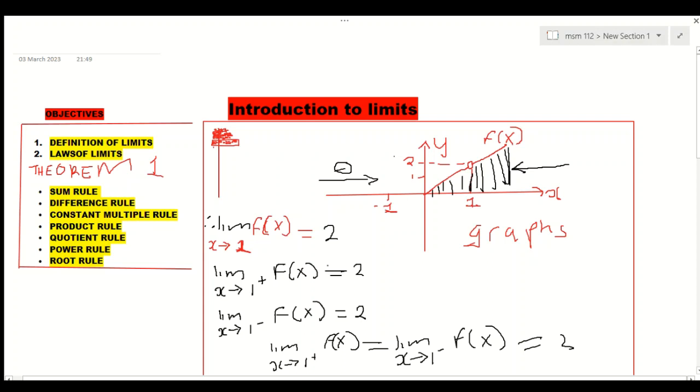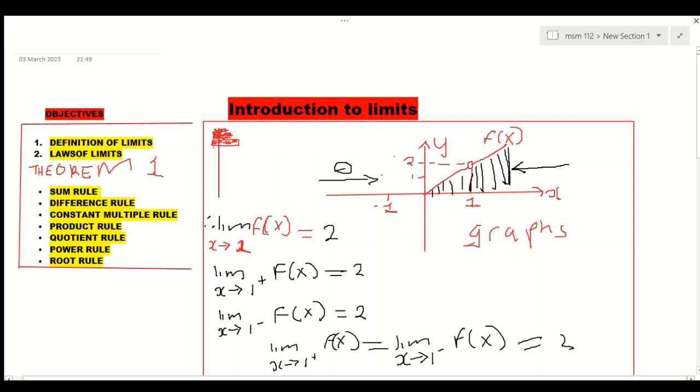And if you are told to conclude whether this limit exists or not, you can tell from this conclusion, because these are equal. Meaning if the limit as x approaches 1 from the right hand side and the limit as x approaches 1 from the left hand side are equal, it means the limit exists. I hope you get something. So this is how you go about solving this question.